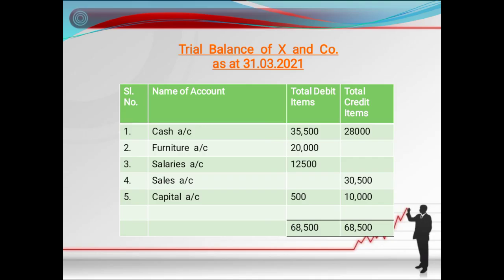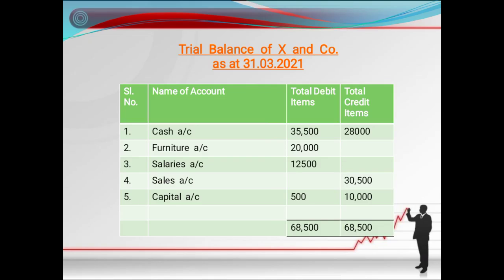It was 35,500 and the credit total was 28,000. In the same way, furniture account 20,000 was the total, salaries account 12,500, sales account 30,500, capital account 500 on the debit side total and 10,000 on the credit side total.